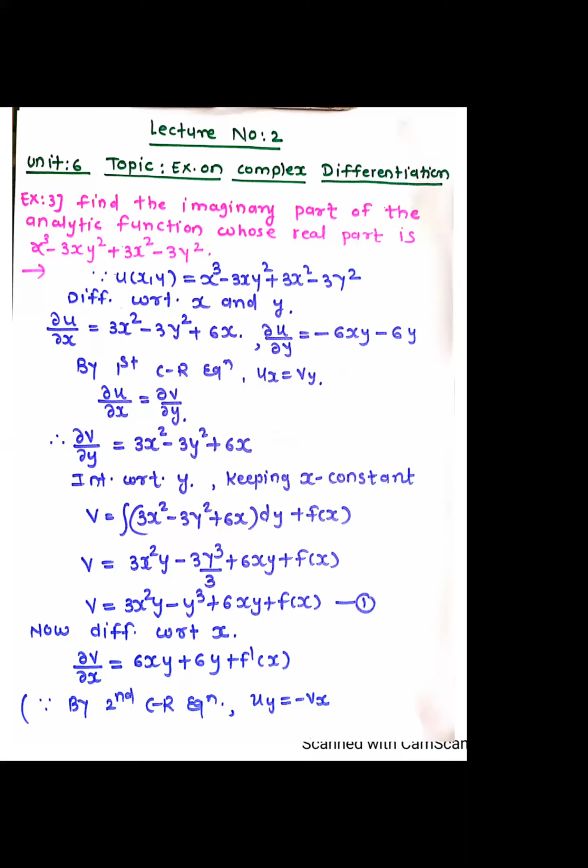So here in this example also, we have to find the imaginary part of the analytic function whose real part is given. The real part of the analytic function means u of x comma y, and that is given. Now let us differentiate it with respect to x and with respect to y.